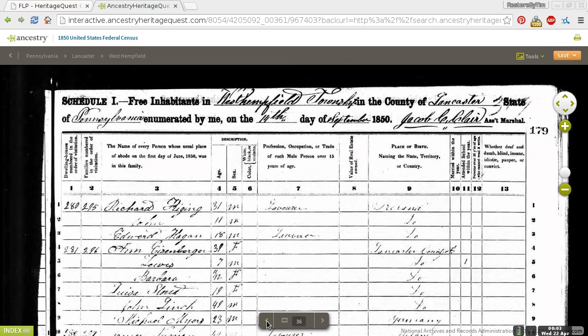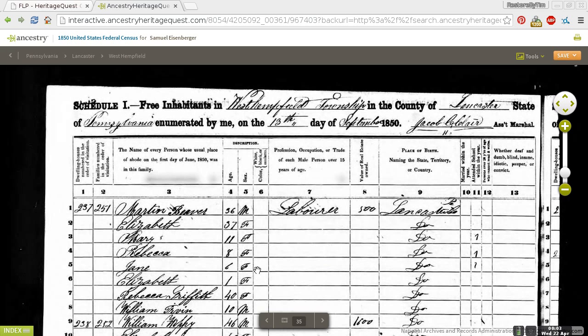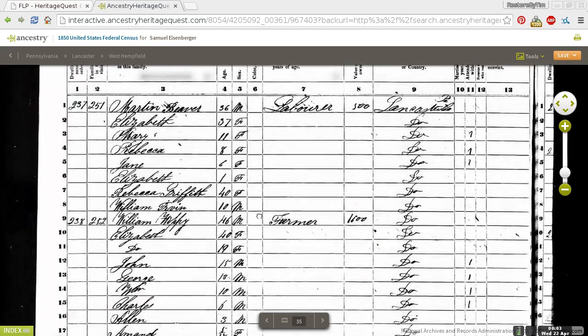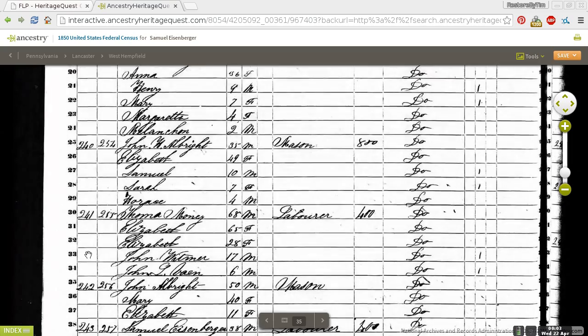And I suspect that archive.org will not do this either. That site just takes the microfilm and presents it as is. So if the pages are out of order in the microfilm, the pages are going to be out of order on some of these websites. So in that case, just be sure as you're flipping through these pages that the dwelling numbers line up.